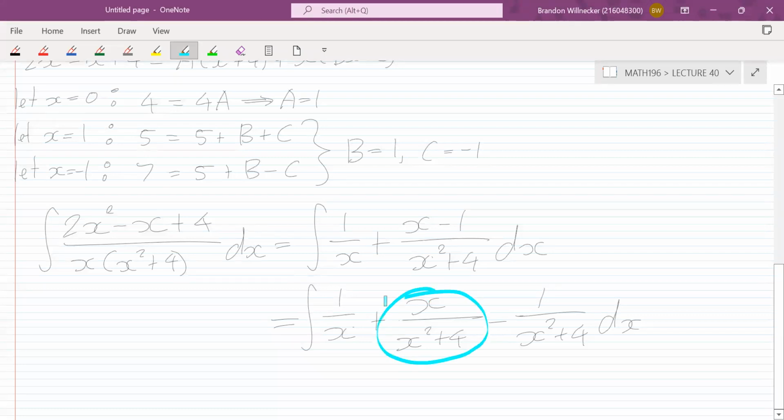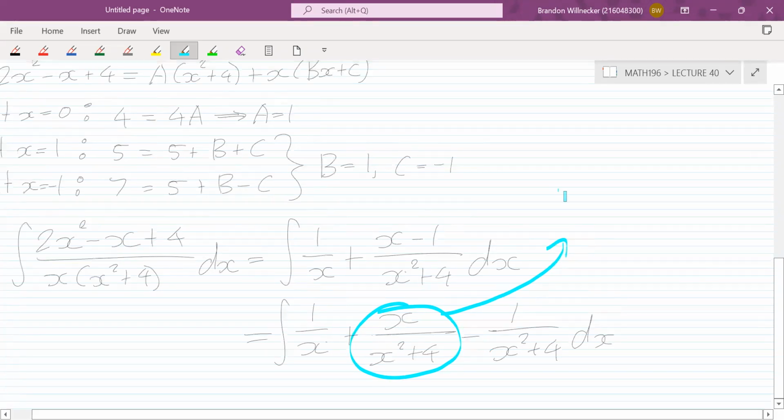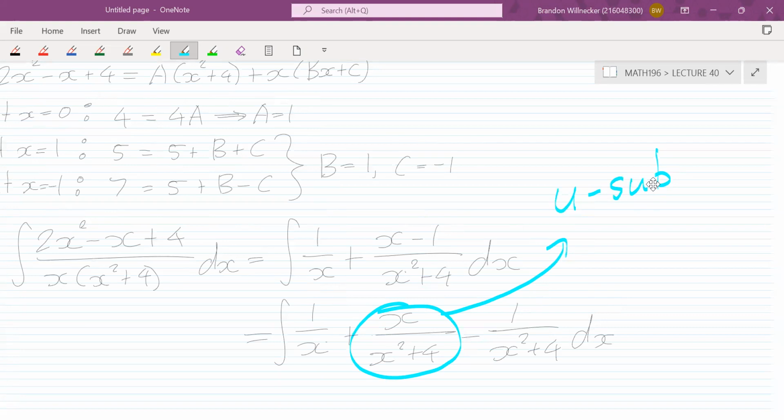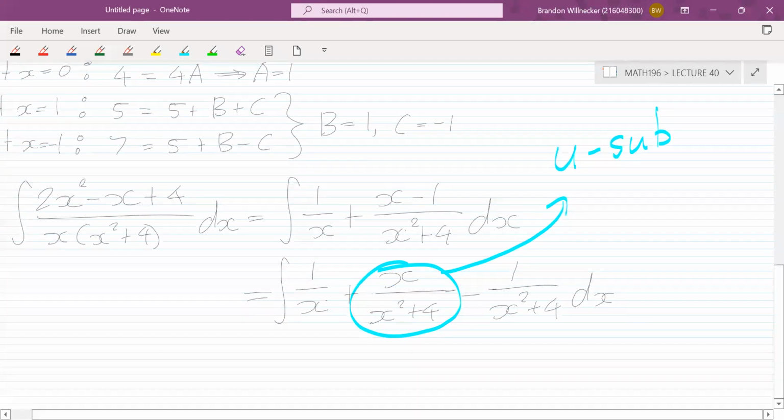So this term, we know what to do. This is just a u substitution problem. You let u be equal to x squared plus 4. du is then going to be 2x, so half du is x, which is what we have at the top. That's a very simple u sub problem.